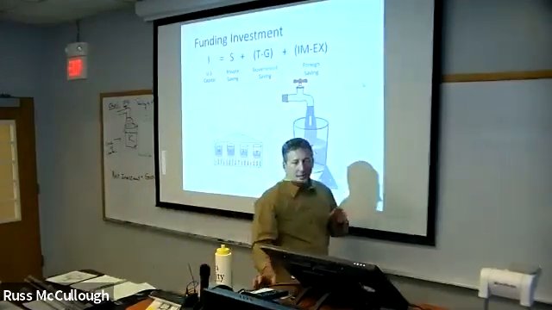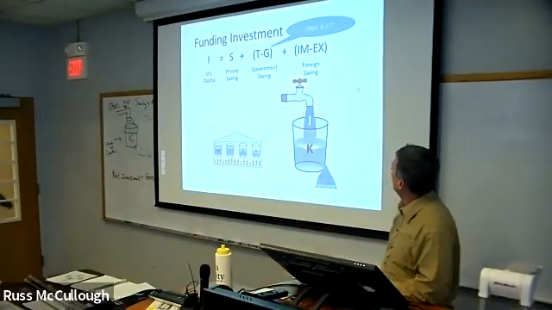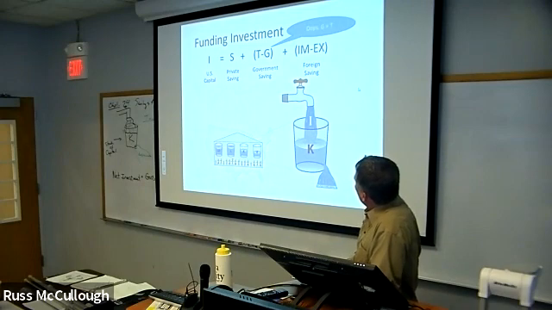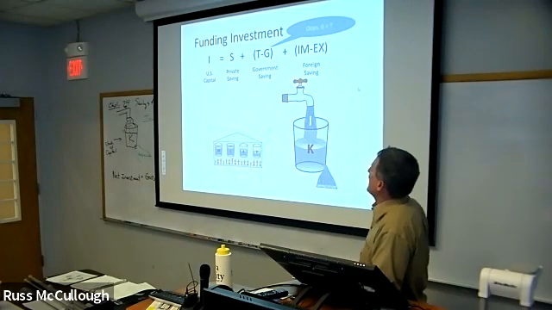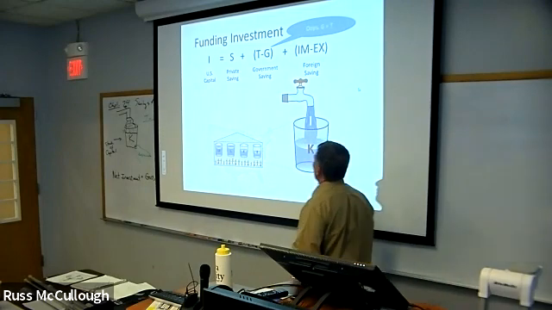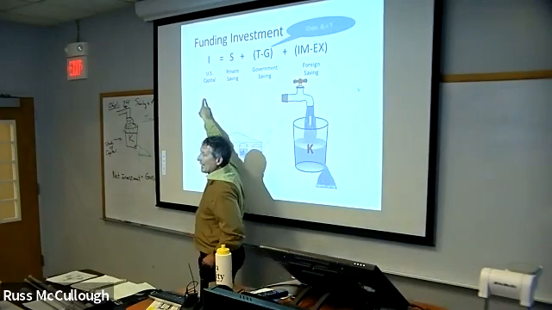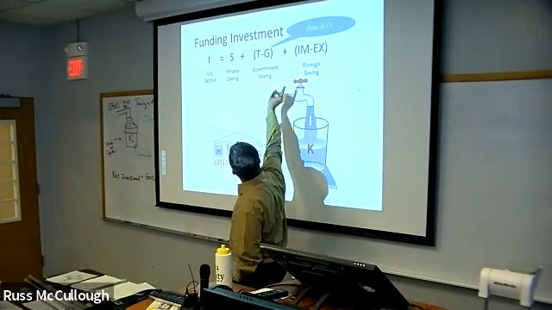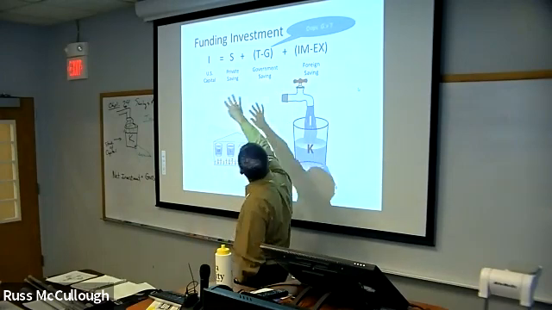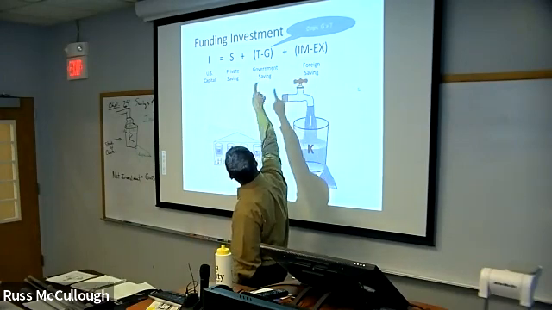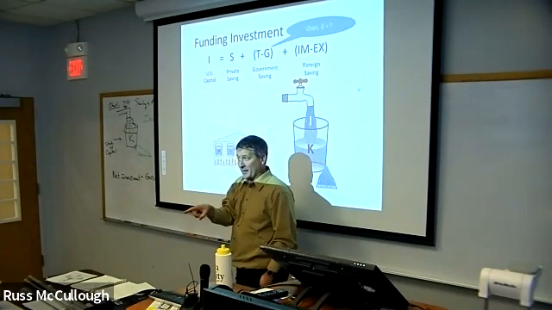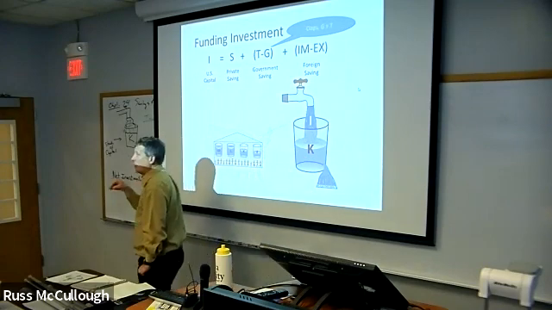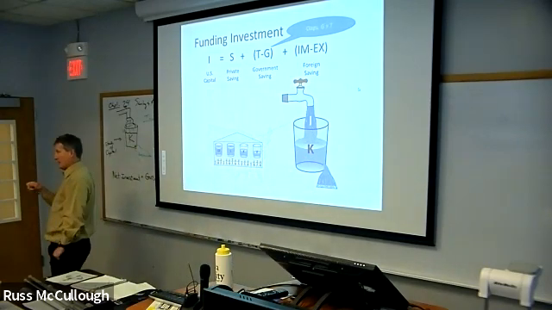All right, so if G is greater than T, holding these other things constant, what happens to I? If G is greater than T, put on your math hat now and just think about the formula. If G increases, I decreases, right? So there's kind of a new thing for this chapter. It's called crowding out.